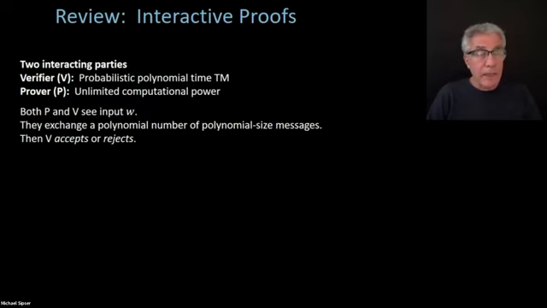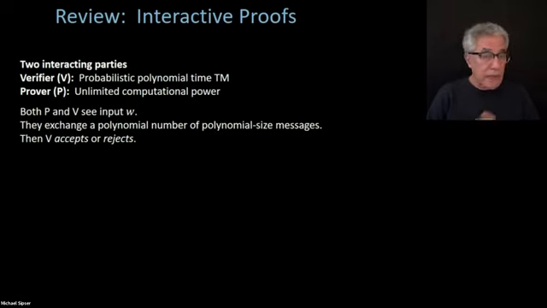We're not going to measure the computational power of the prover. That's unlimited, so the prover can do things like find certificates, test whether things are satisfiable, and factor numbers, and we don't care. It can do whatever we'd like, and there's no charge for the prover's computational demands.